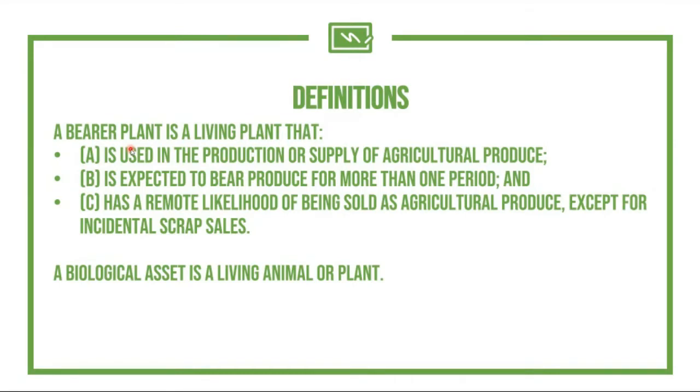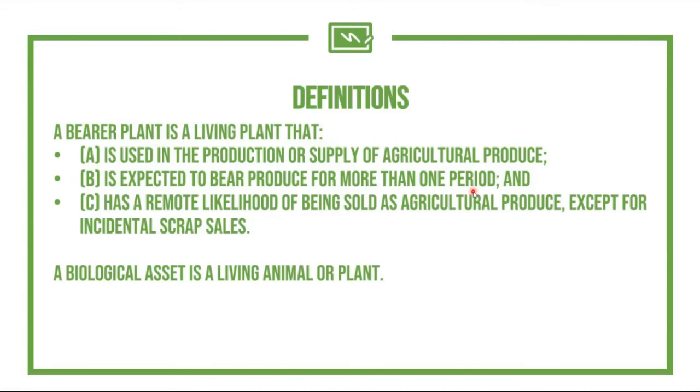According to the standard, a bearer plant is a living plant that, letter A, is used in the production or supply of agricultural produce, and letter B, is expected to bear produce for more than one period. Meaning, after one series of harvest, you're expecting it to have another period to produce agricultural produce, and then you can harvest again from it, and so on and so forth.